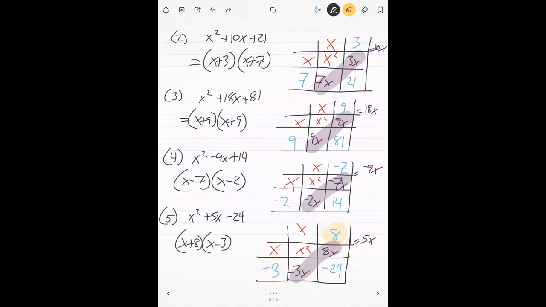So in all of these problems, hopefully you're seeing that the factors are x plus 3 and x plus 7, x plus 9 and x plus 9, x minus 7 times x minus 2, and x plus 8 times x minus 3. These are essentially the quantities that we're working with here to factor down or break down the polynomials.